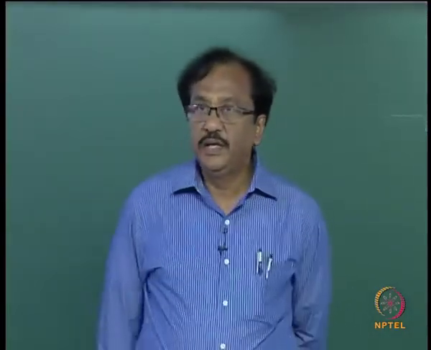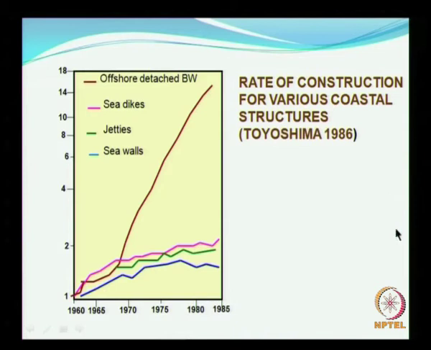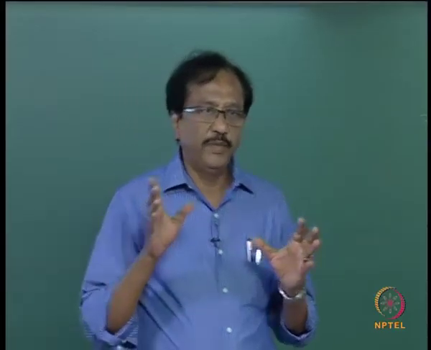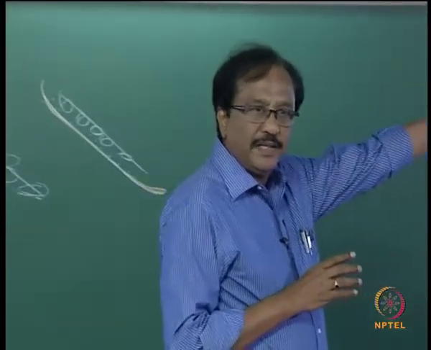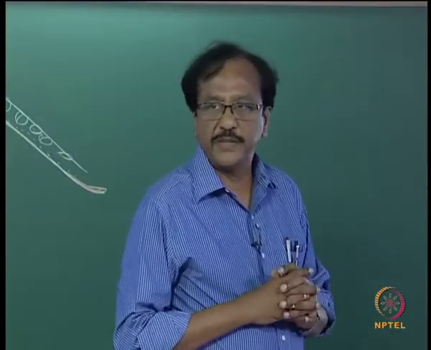We have seen the sea dikes, jetties, sea walls, groin fields, etc. Look at any of these structures which has been adopted as a coastal protection measure. The rate of increase is something like this, that is, the number of projects which have adopted a particular type of protection measure.